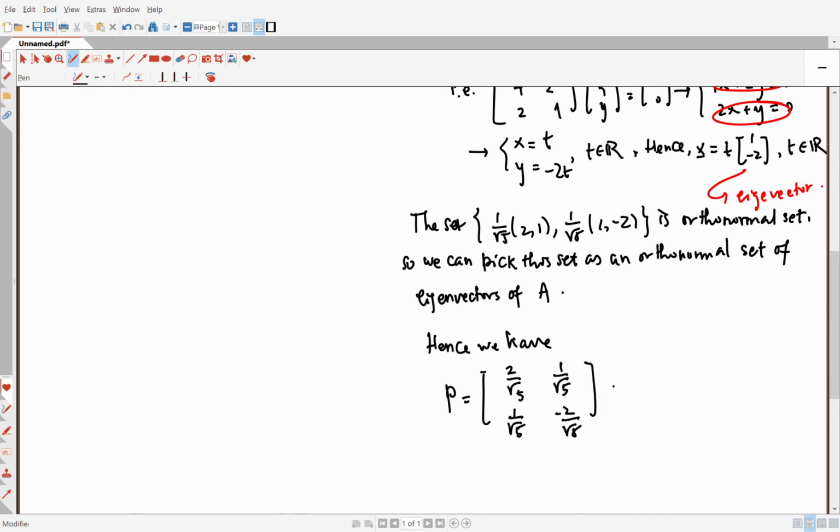And by doing this, P transpose AP will become a diagonal matrix, where the diagonal entries are the eigenvalues.